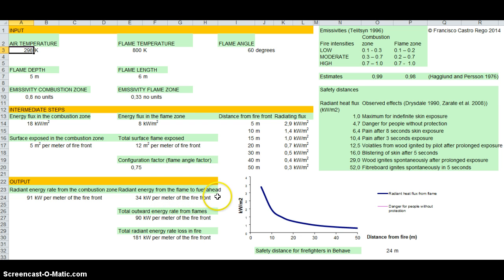And the outputs are basically the radiant energy rate from the combustion zone and also the energy from the flame to the fuel ahead. There is a total outward energy rate from flames, and a total radiant energy rate loss in fire, which could also be important for calculation of the components of total heat release.